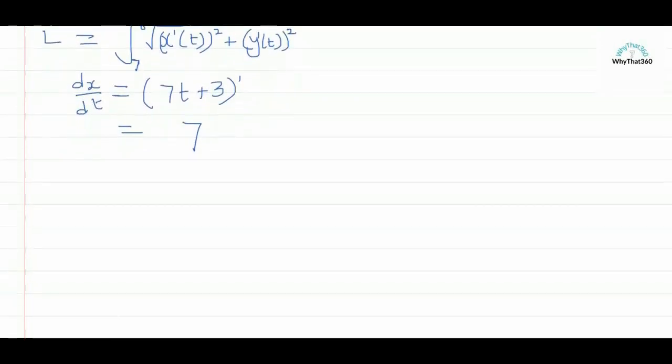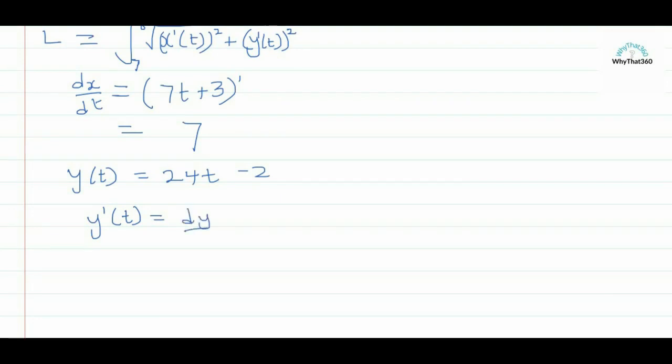So y is equal to 24t minus 2. y prime of t, which is the first derivative, that will be the same as dy dt, and that will be equal to 24.